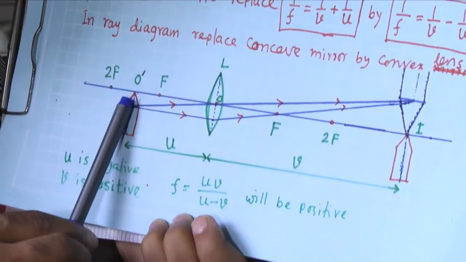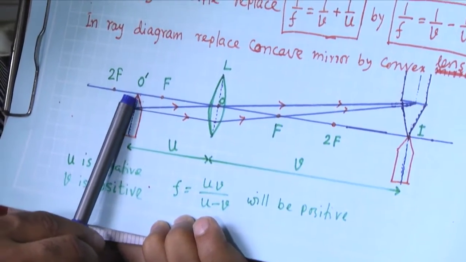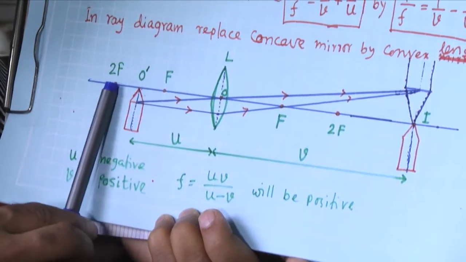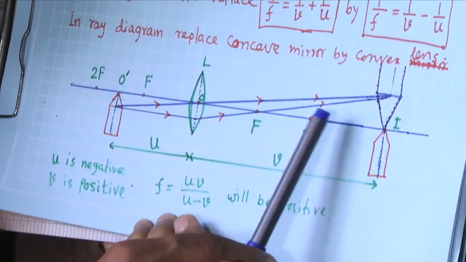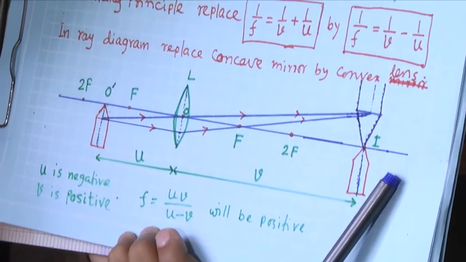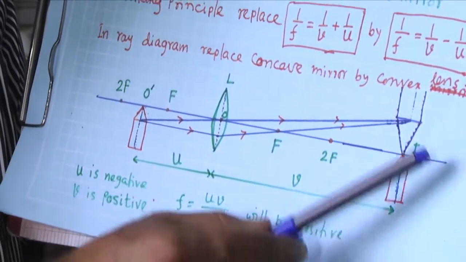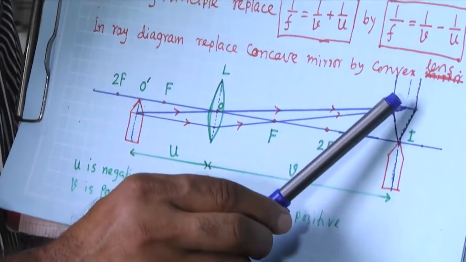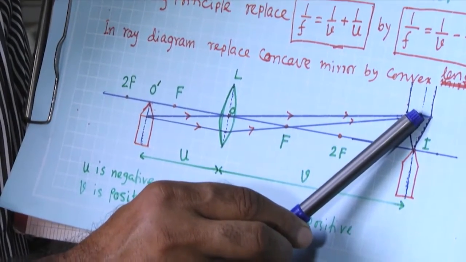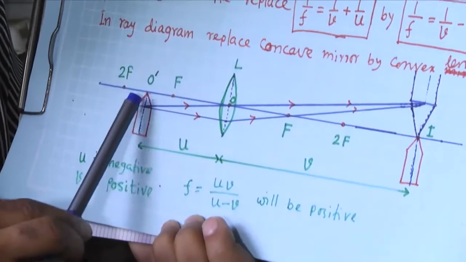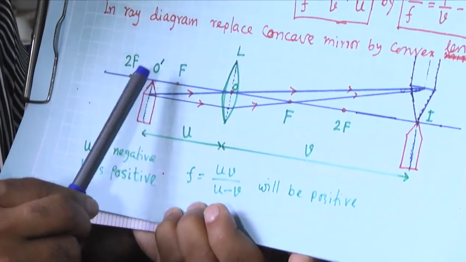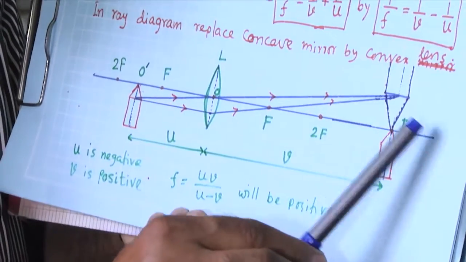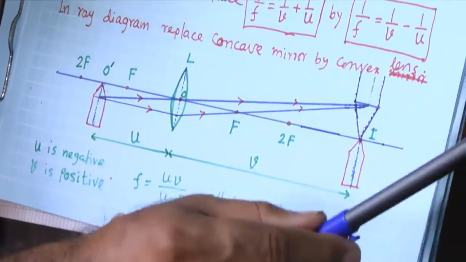Okay. When the object is between f and 2f, the image will be beyond 2f, and it will be a real and inverted image. Okay. When the object is at f, the image will be at infinity.